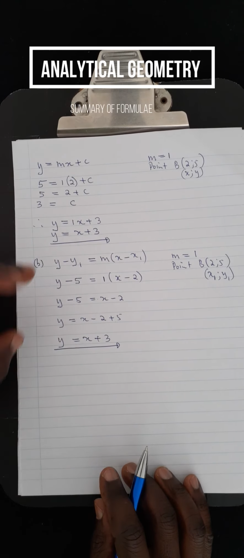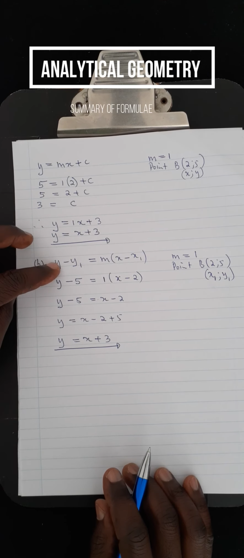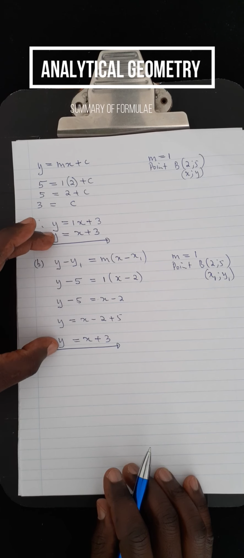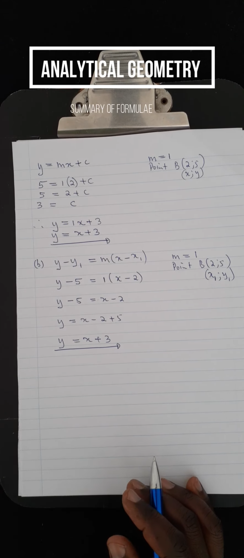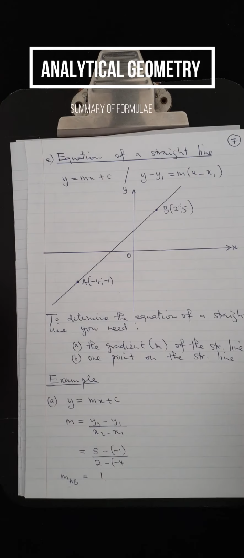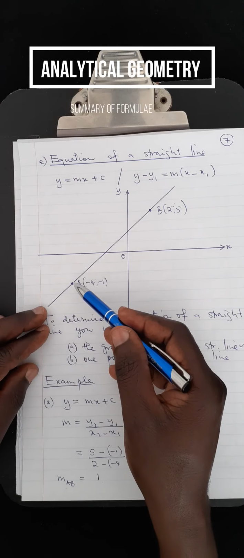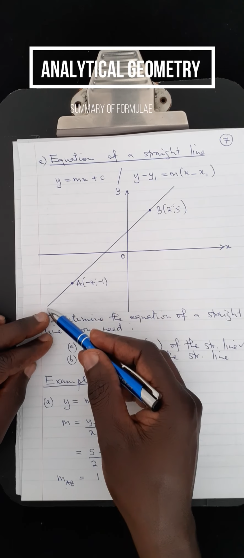It doesn't matter which method or formula you use, you will eventually come to the same answer. So just by knowing the coordinates of this point and that point, we know the equation.